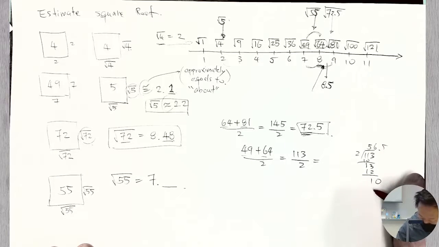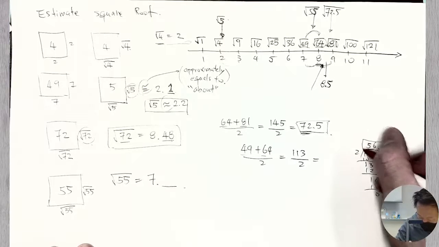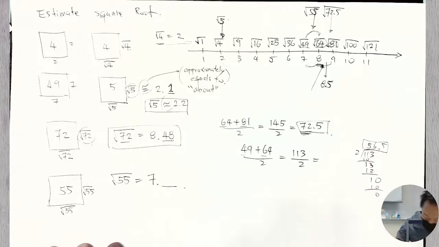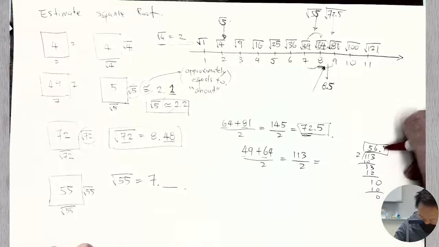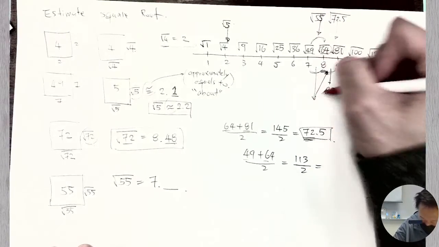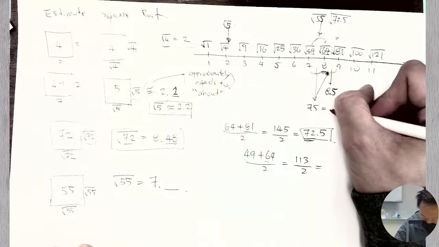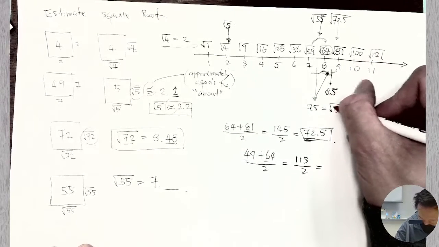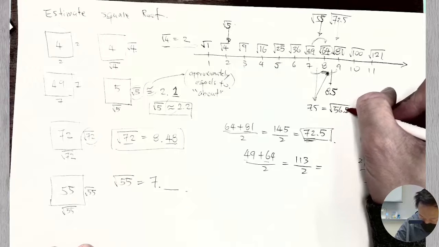And 0.5 would give us the answer. The middle number would be 56.5. So this halfway, 7.5, would be the equivalent of square root of 56.5.